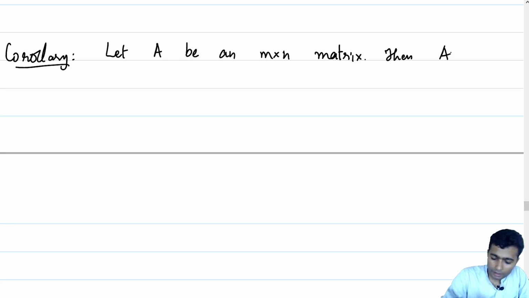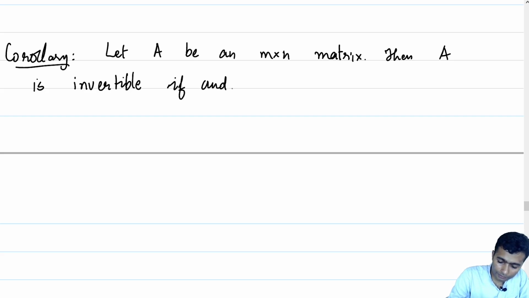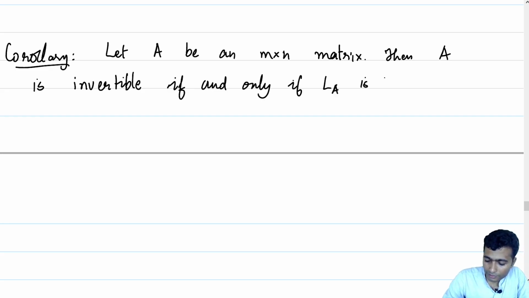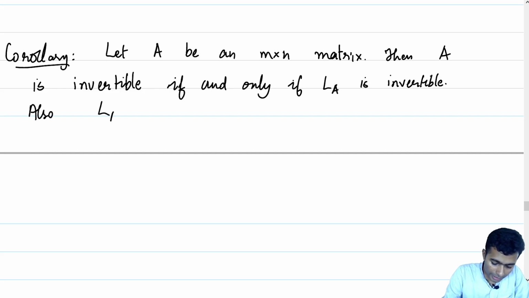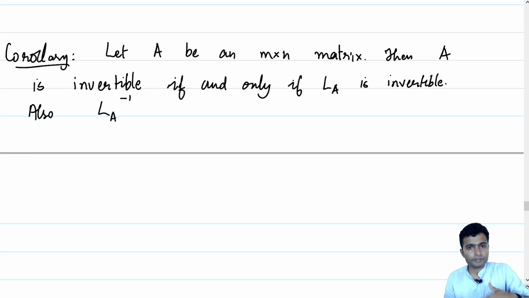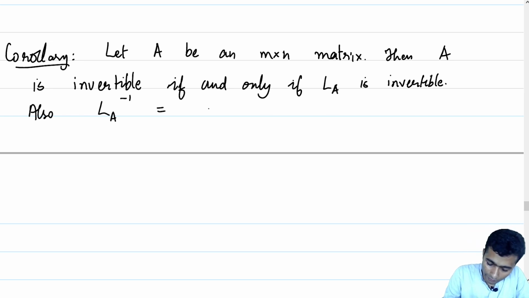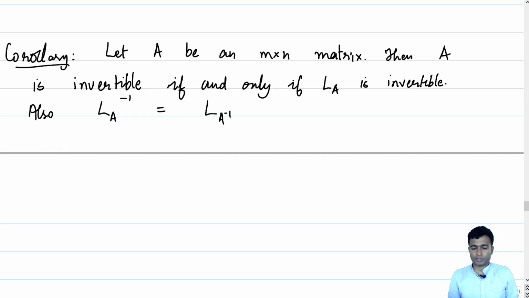Then A is invertible if and only if LA is invertible. Not just that, we know more, we know exactly what LA inverse is. Also, the inverse of the linear transformation LA will be the linear transformation corresponding to A inverse.